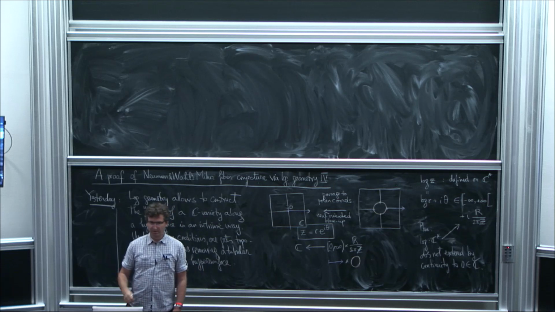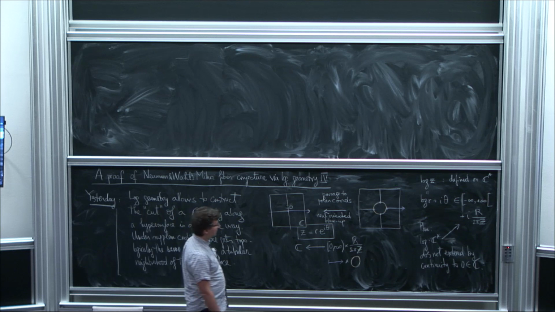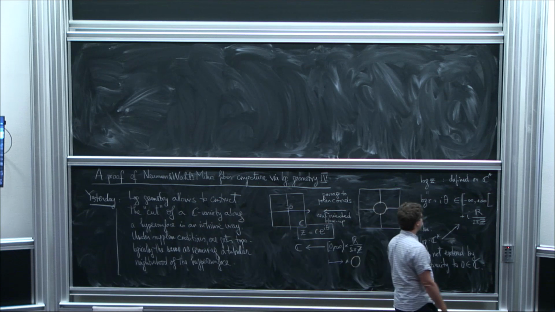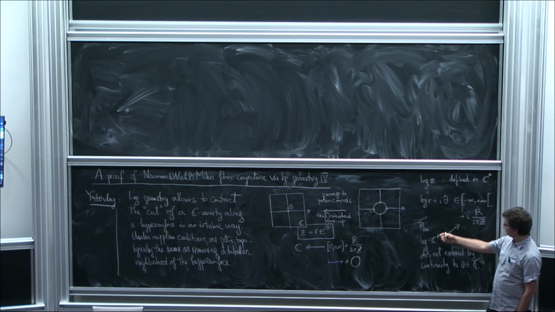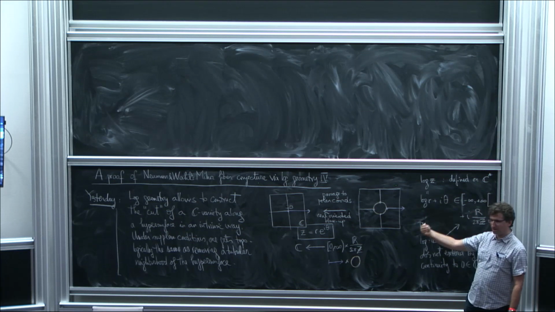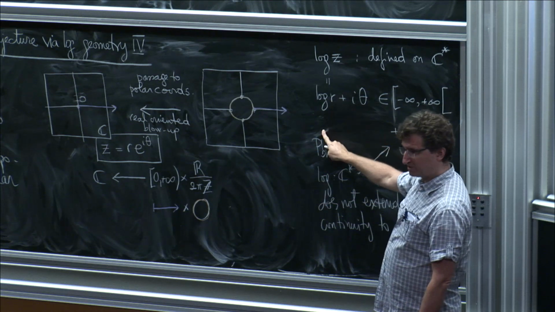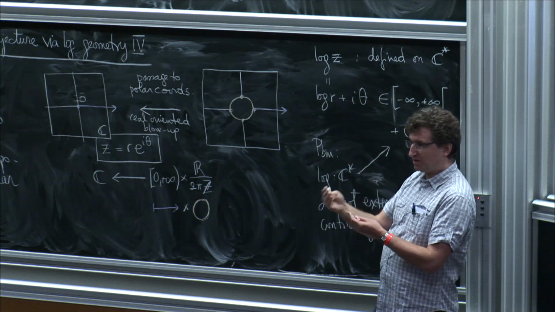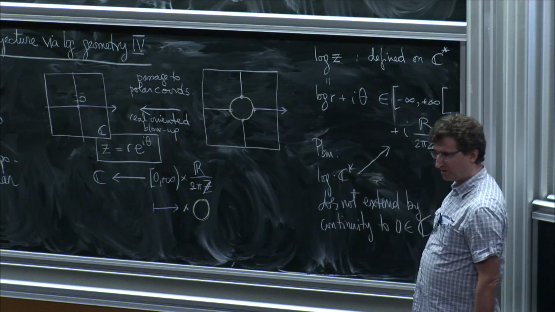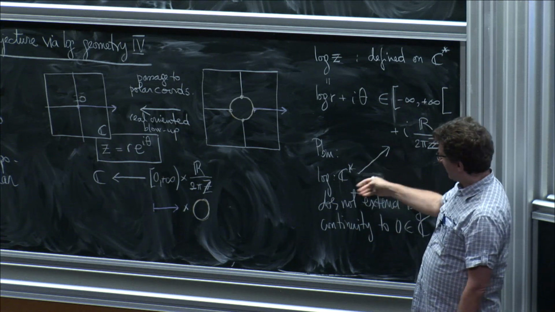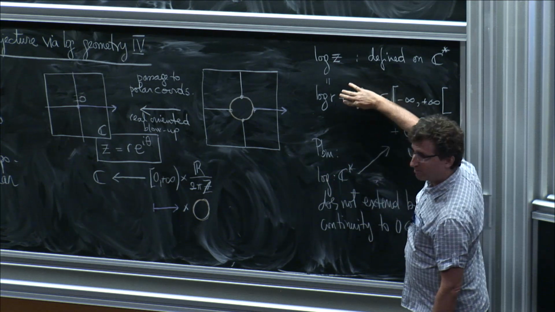But did you really want to include minus infinity for the log or not? Yes, because I want to extend to the origin. So if I want to extend to the origin, I look at what happens when I tend to the origin. When I tend to the origin, precisely r goes to 0. And so if I want to give a value at the limit, I am obliged to put minus infinity there in order to be able to put the extension. So you see, I can extend by continuity if I look only at the real part.